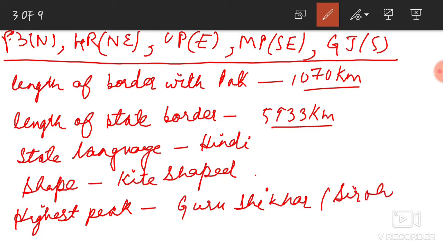So it is an important question: in which district does Mount Abu lie? Mount Abu is in Sirohi district.